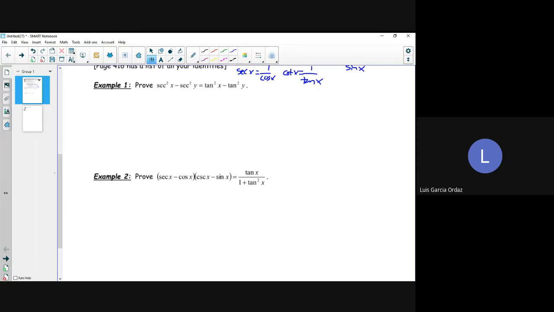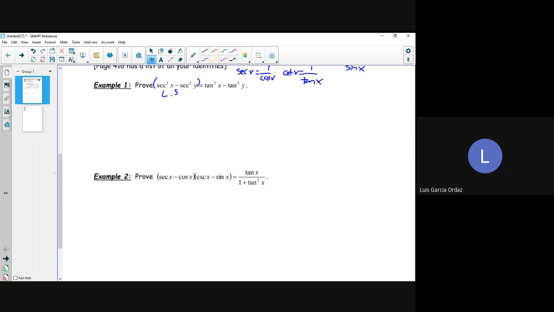So for our first example, we want to prove that secant squared x minus secant squared y is equal to tan squared x minus tan squared y. So let's just take a look at our left side. Let's see if we can make it equal to tan squared x minus tan squared y.